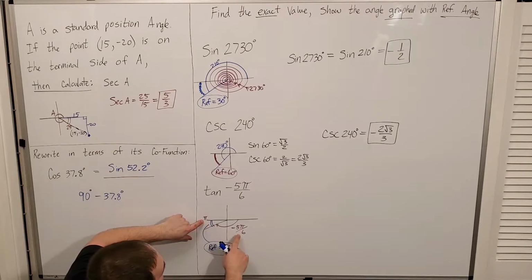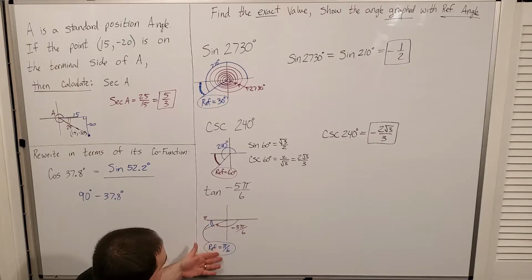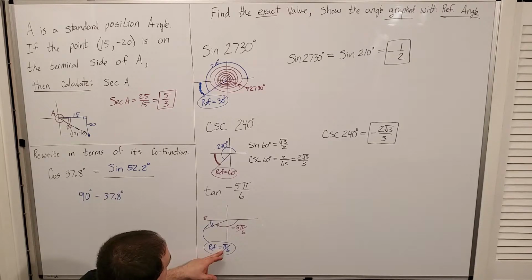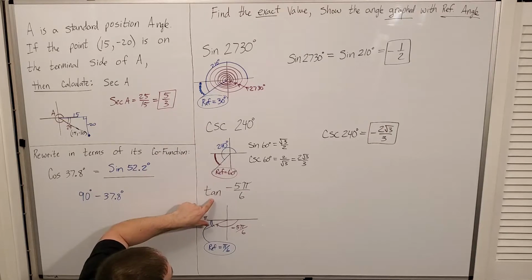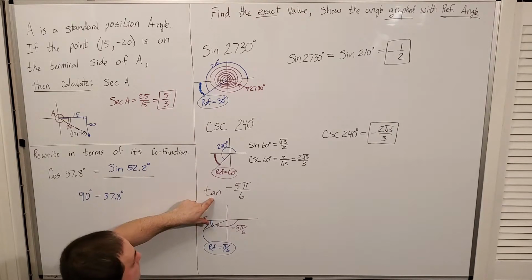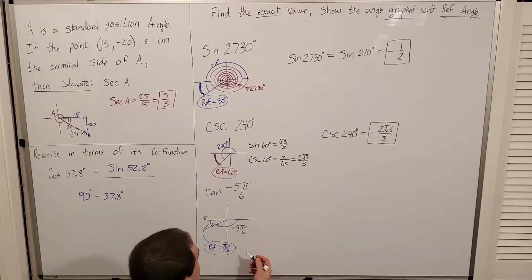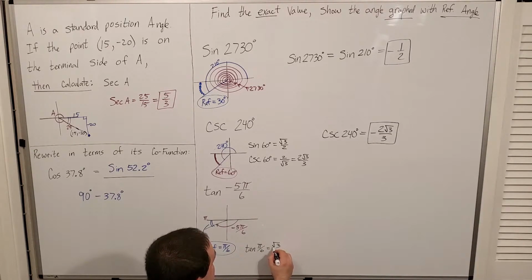So pi minus 5, or 1 minus 5 over 6 is 1/6, but with pi's. So I have pi over 6. Remember, pi over 6 is the same as 30 degrees. And we're trying to do tangent here. So what would the tangent of pi over 6 be? Well, that's the tangent of 30 degrees. That's square root of 3 over 3.